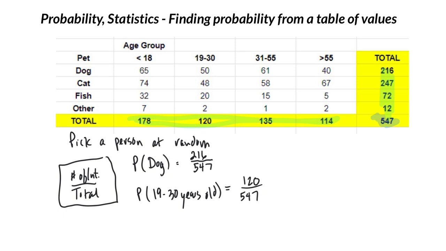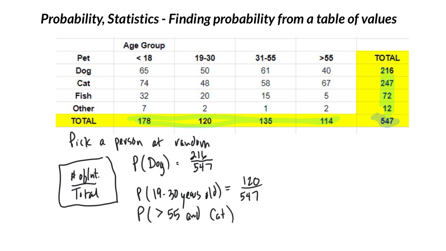Now, we could be doing something that involves two pieces of information. For example, let's say we said, what's the probability that it's a person over 55 and they own a cat?